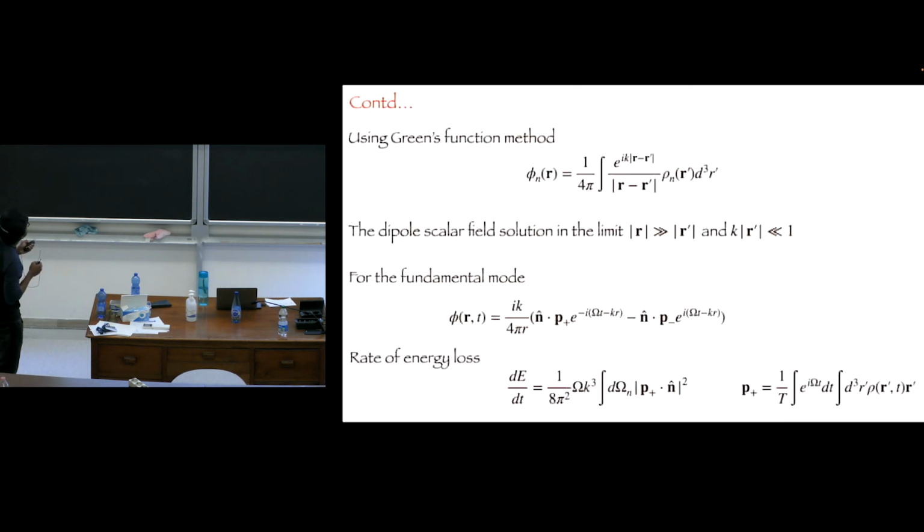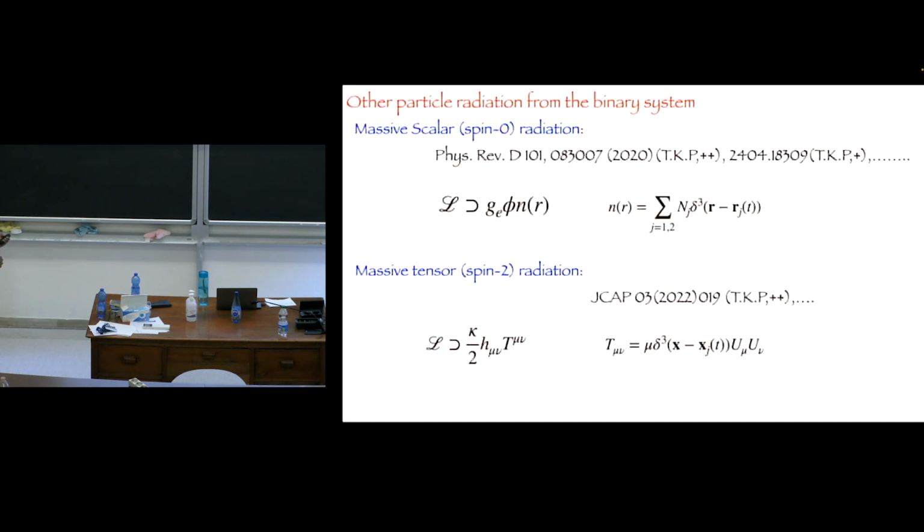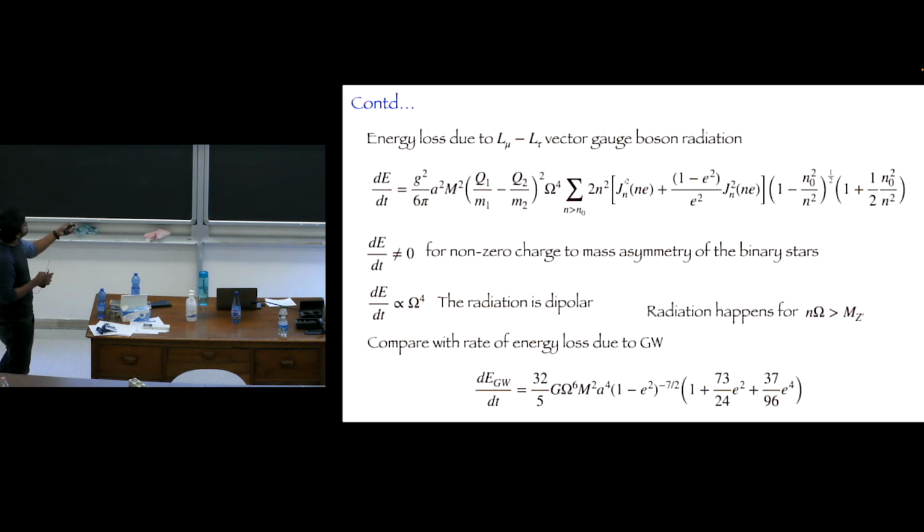So basically, initially when I was talking about light particles, L mu minus L tau, being emitted from the binary neutron star system, the mass scale is determined from the orbital frequency. For radiation to happen, you need the condition omega greater than m_Z prime, which constrains the mass of the Z prime.